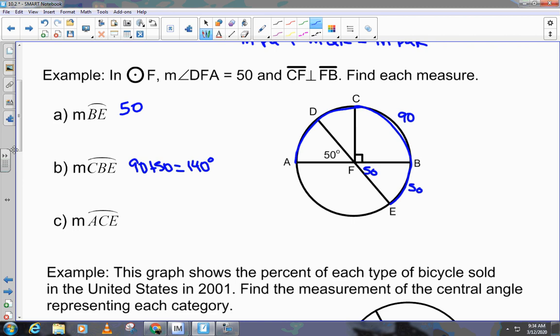Okay. So he recognized that these are both right angles, or you could think of this as a diameter. So that's 180 and then plus 50, right? So 180 plus 50, which we said was 230 degrees. The other thing you could have done is we already knew that this was 140, right? And this just added on another 90. So you could have done 140 plus 90. You know, however you do it, either way it works. Okay.